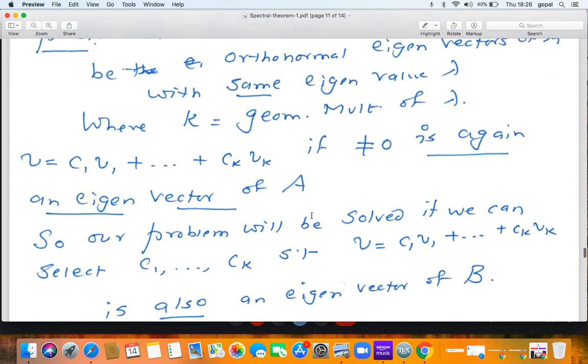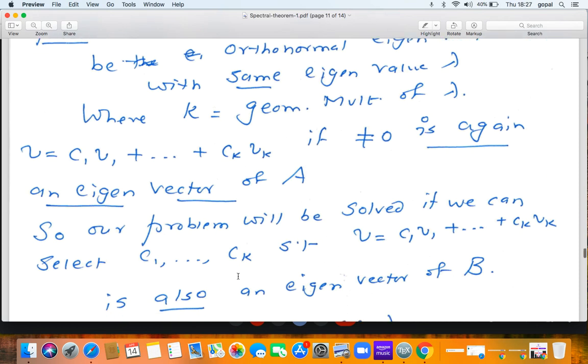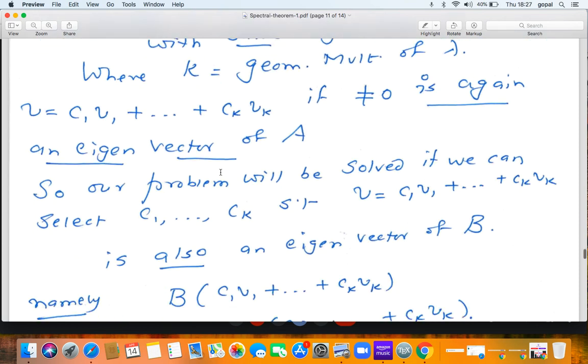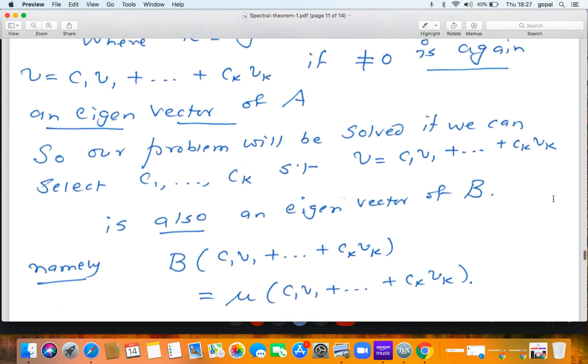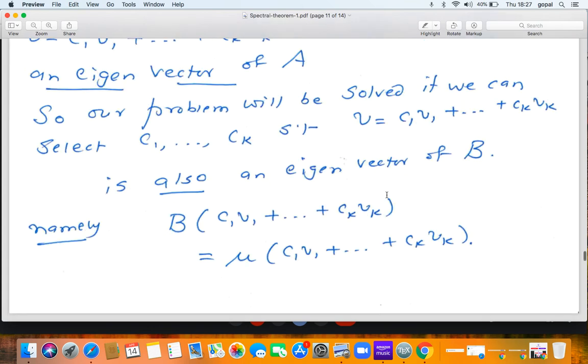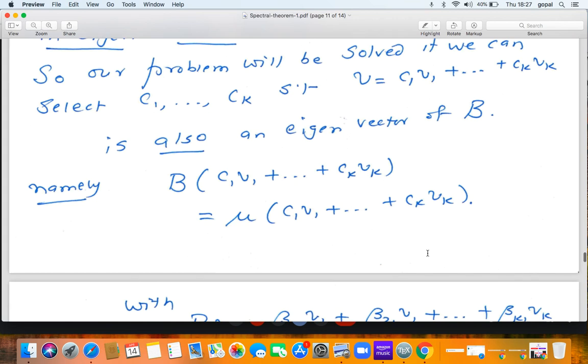So our problem will be solved if we can select the constants such that c1 v1 plus c2 v2 plus ck vk is also an eigenvector of B. It is definitely an eigenvector of A, but we have to select the constants in such a way that this is also an eigenvector of B, and that will be the common eigenvector. That is what we want: B of (c1 v1 plus ... plus ck vk) is mu times (c1 v1 plus ... plus ck vk). This is what we want.